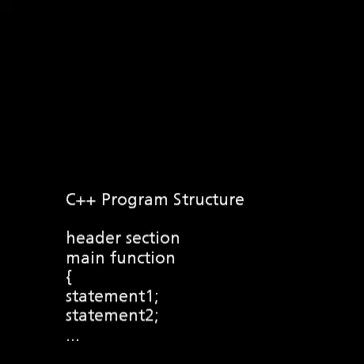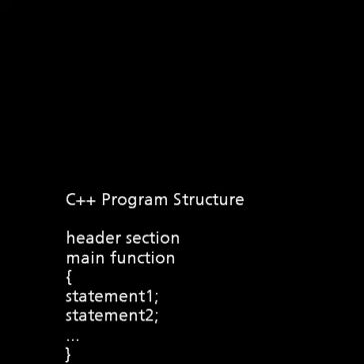You can add as many statements as you want, and when you've put all the statements within your main function, you can just go ahead and close it. So that's all we have in the C++ program structure. This is the simplest structure you can see, and I will explain each and every section for you in the next couple of minutes.